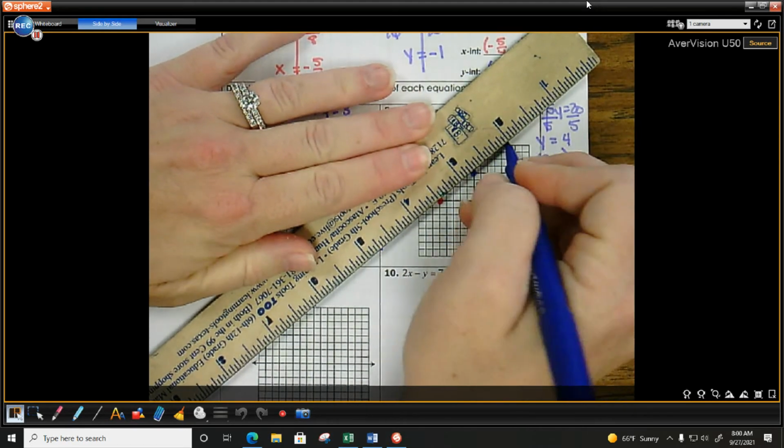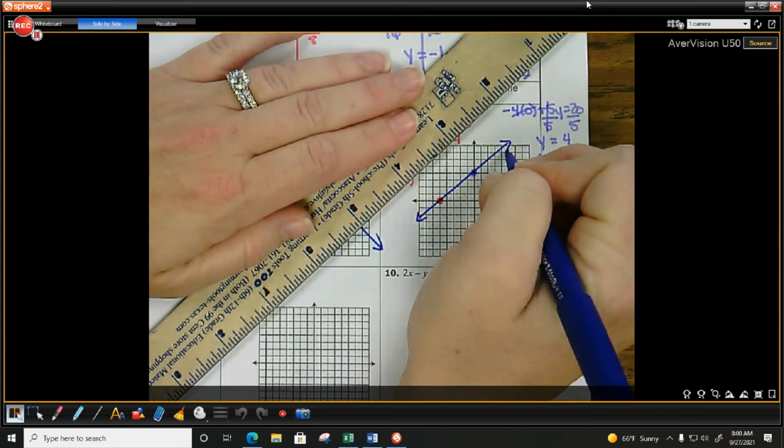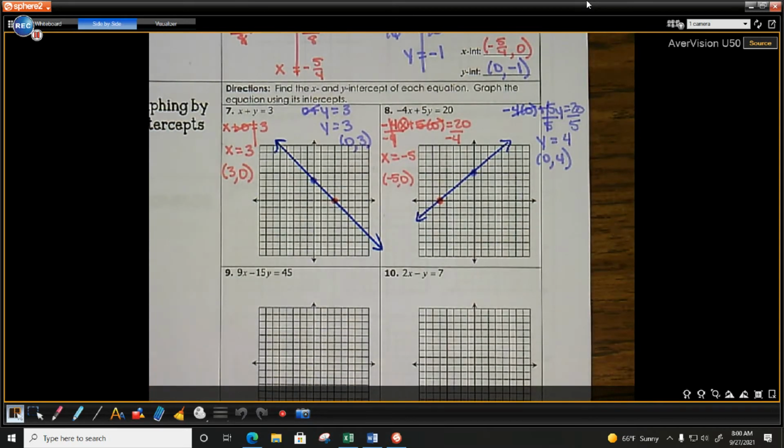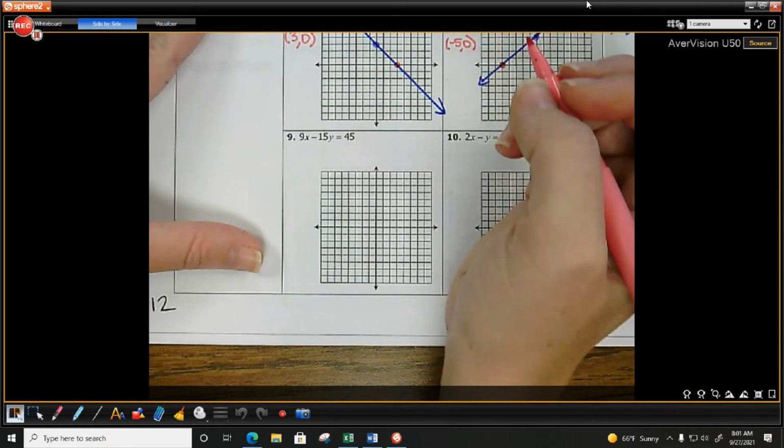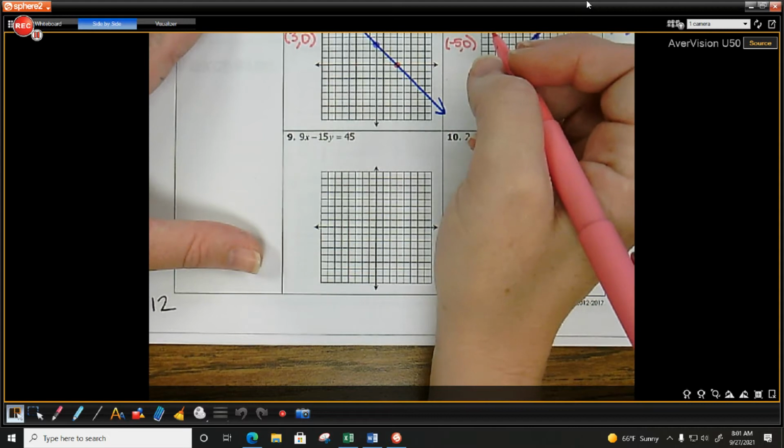And draw your line. Arrows at the end. Two more of these, guys. Okay. Number 9. How am I going to find my x-intercept? Replace y with 0.